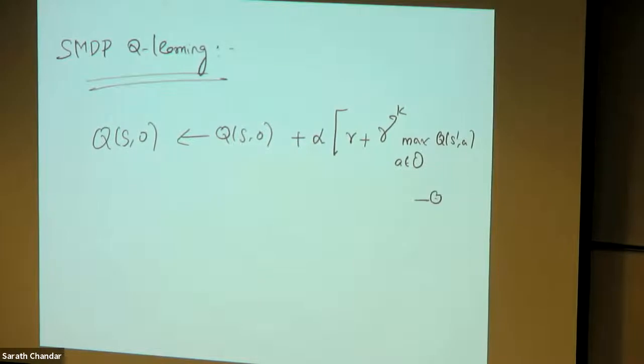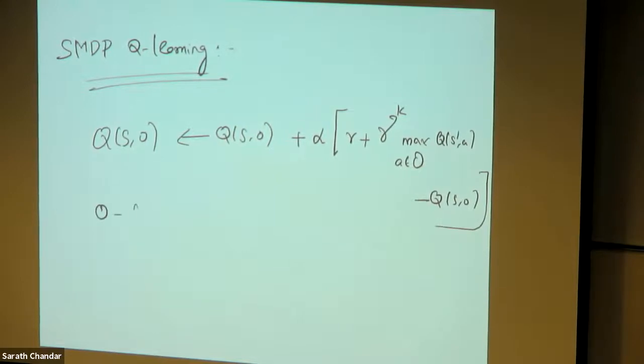Q of S comma O becomes Q of S comma O plus alpha times R plus gamma to the power K, max over A belonging to the option set, Q of S dash comma A, minus Q of S comma O. I think I switched some notations, so I will write these out.